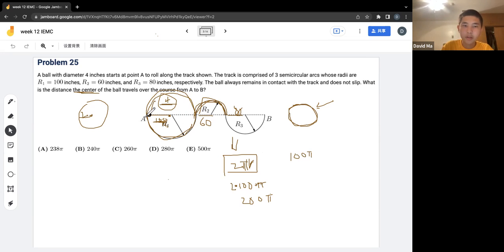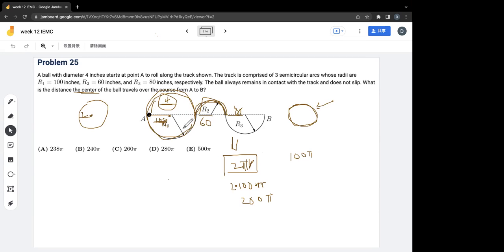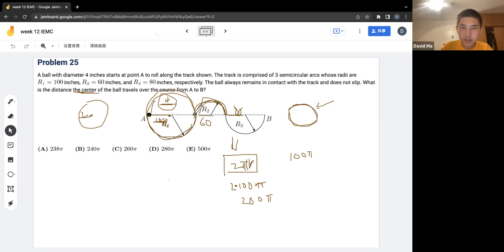And now we're going to calculate the distance that the center of the ball had traveled. If you look at the center of the ball, it's essentially going like this, right? There's a 2 inch gap between the circumference of the circle and the ball.